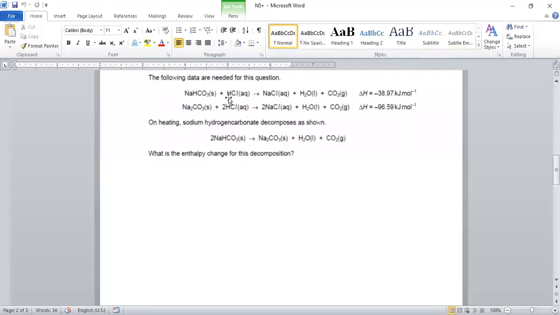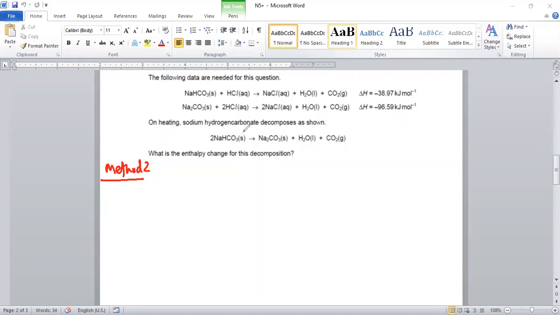Okay, there is another method to solve this question. Method 2. Method 2 is with the help of these two equations, you can make the required equation. So if you feel method 1 is difficult, use method 2.